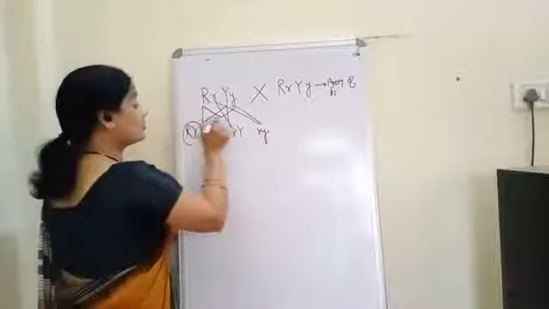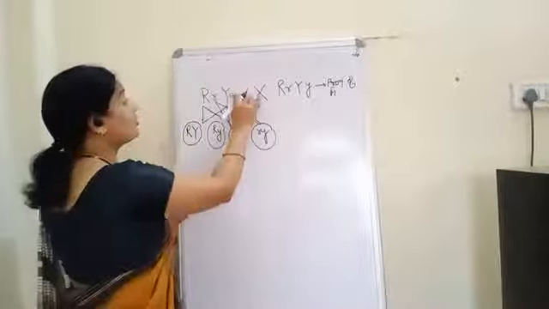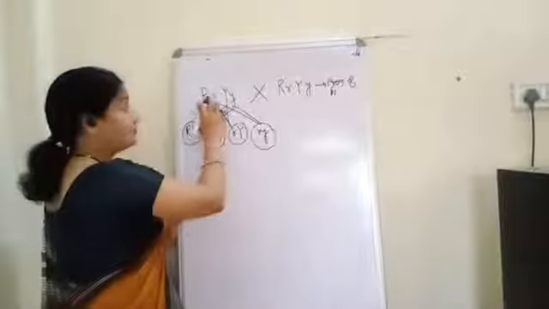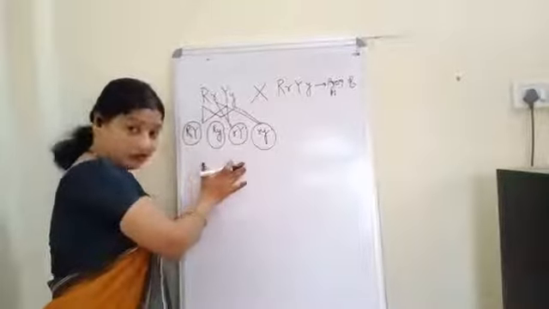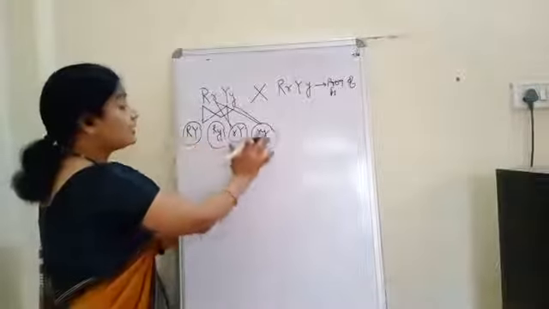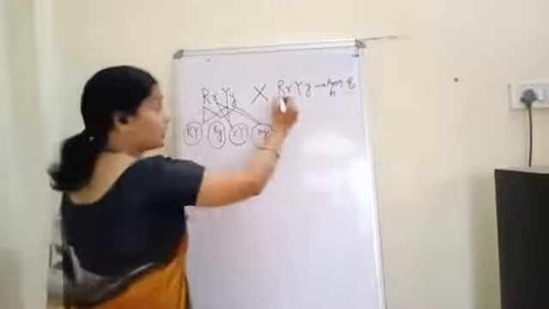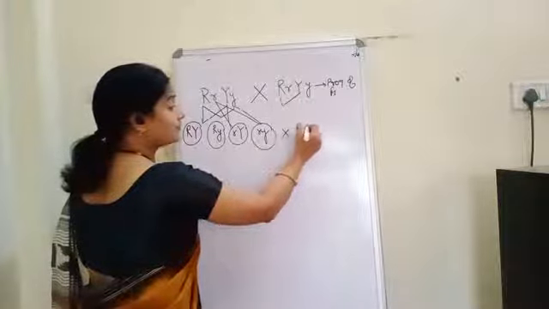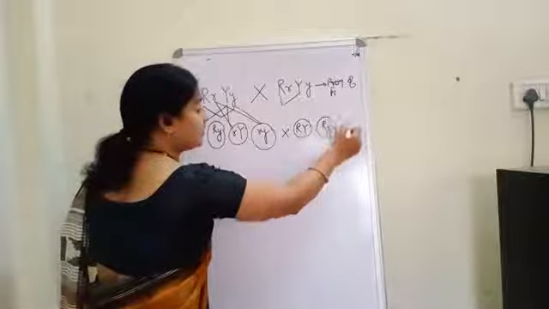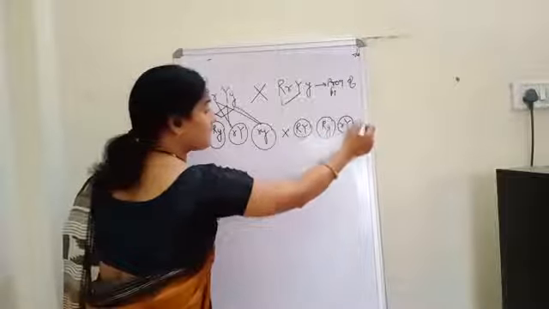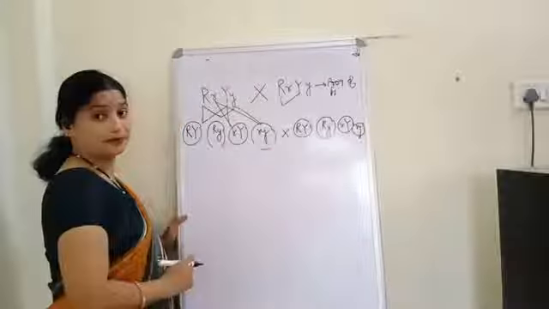Now these are the gametes for us. Because they were the result of the F1 generation, which was hybrid, the new gametes will also be hybrid. It will be intermixed. The same gametes we can get here also: RY, Ry, rY and ry. Now we have got the 4 gametes.